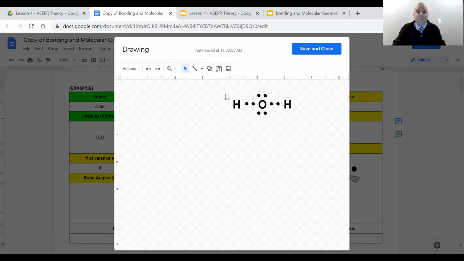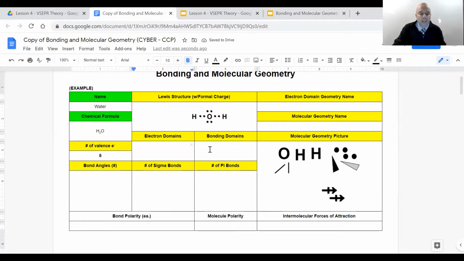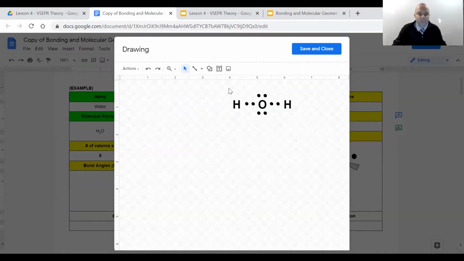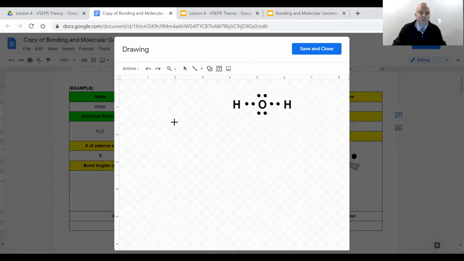All right, the next part of this is identifying, so I'm going to save this really quick, but we're going to come back to it. The next part of this is identifying the number of electron domains and bonding domains. In order to do this, I'm going to go back to the picture here. You don't have to do what I'm about to show you, but I wanted to show you where these electron domains and bonding domains are located.